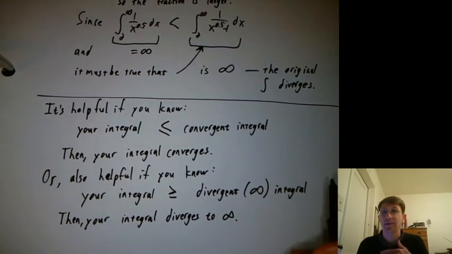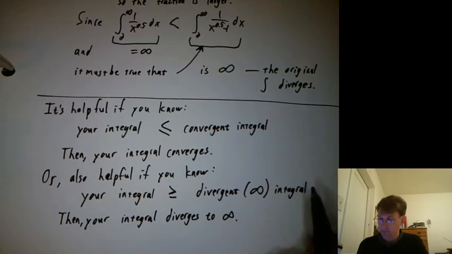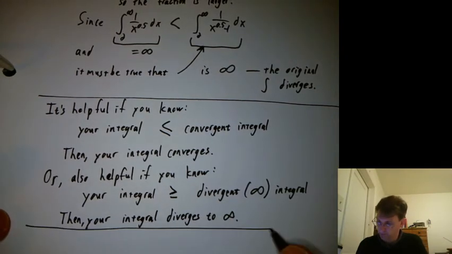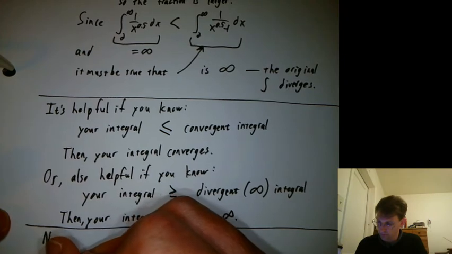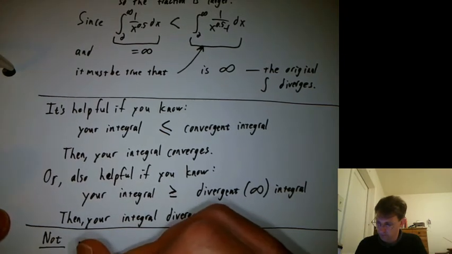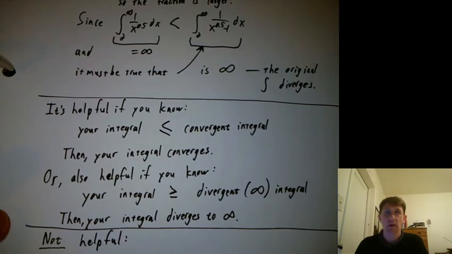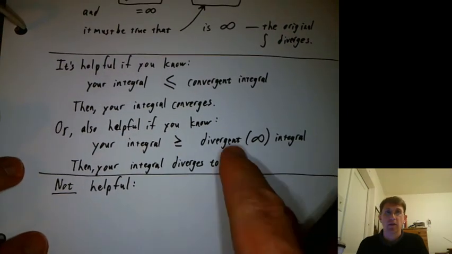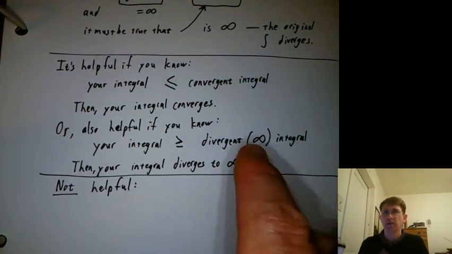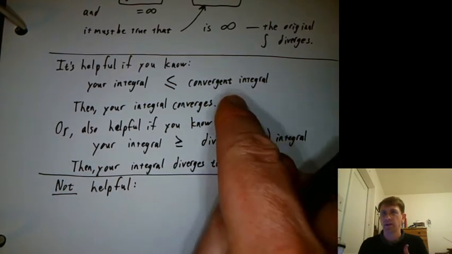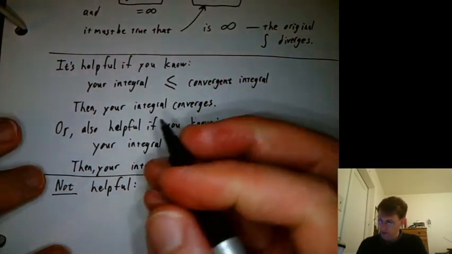So the question is, what is not helpful to know? Can you take this logic and say, what's missing here that I didn't label as helpful?